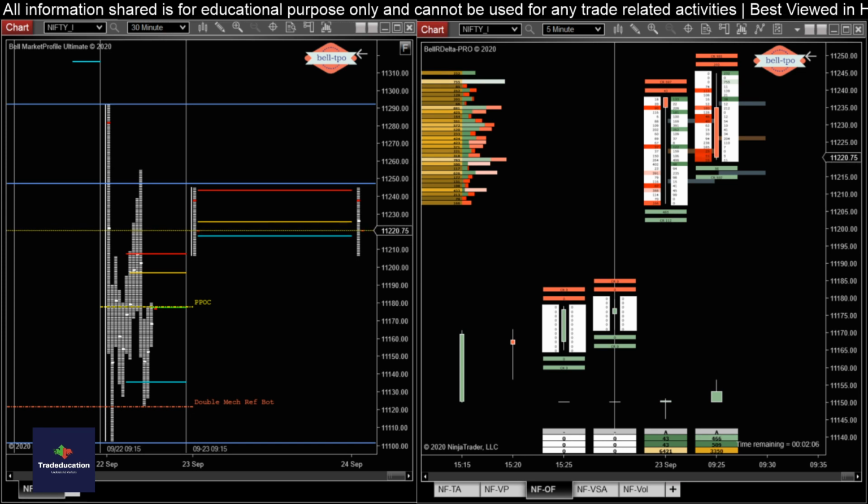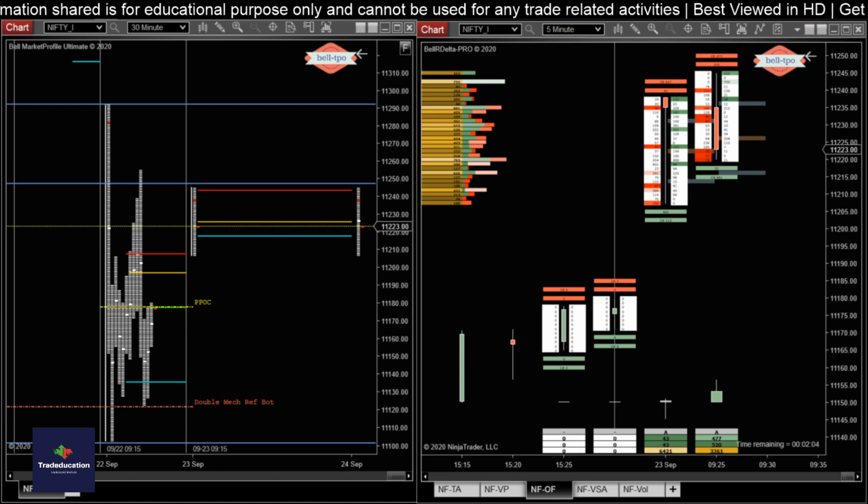The delta is now trying to be negative. So I'll be looking at the volume of this candle.